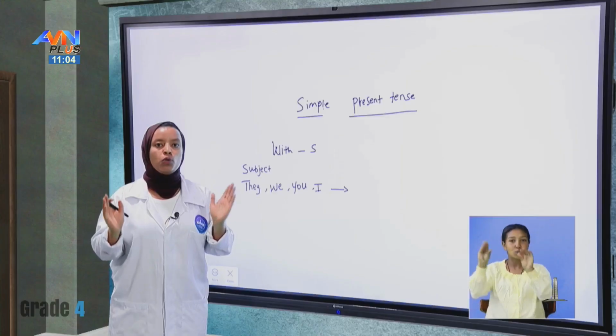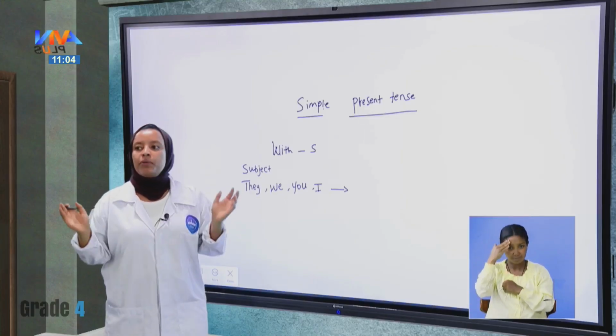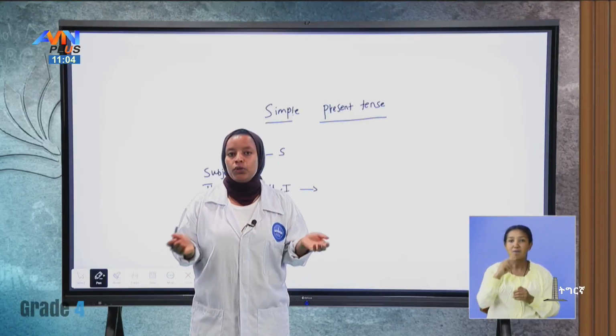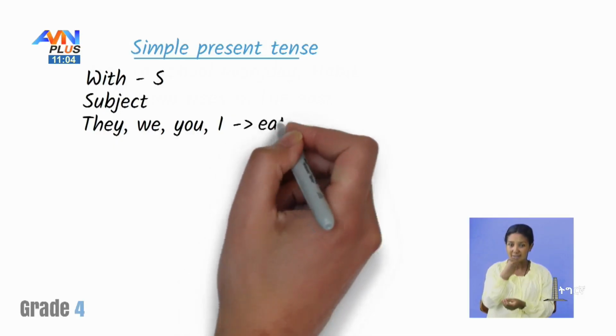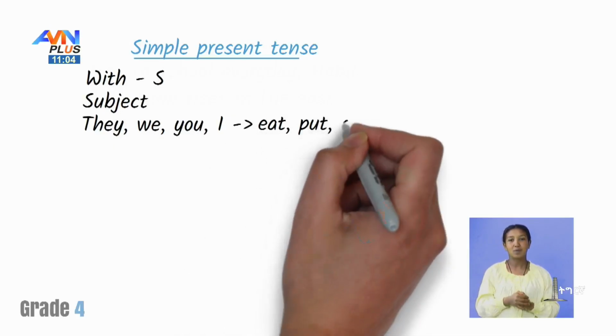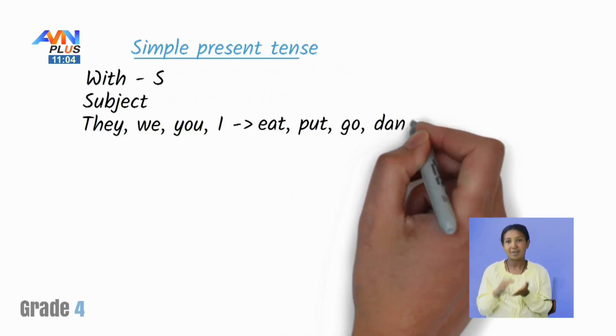Students, I hope you all understand what a base verb is. When we say base verb, it is easily verb 1. For example, eat, put, go, and dance. We can take these as examples.